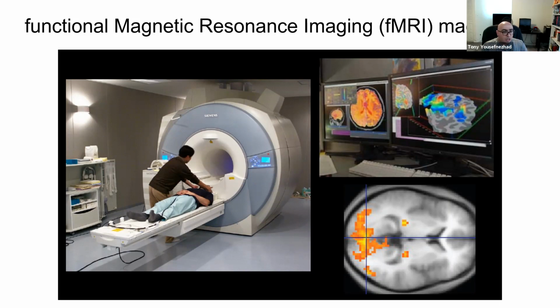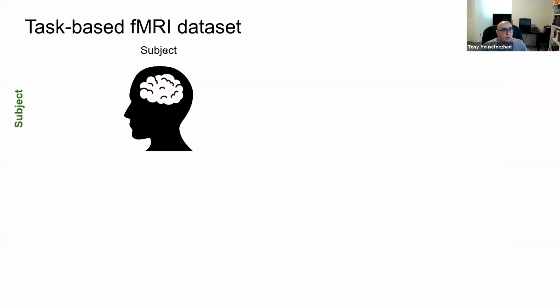And it's high dimensional. We have several challenges in collecting the data, but studies over the last decade show that it provides a very reliable way to collect functional activity when subjects are doing a task. So what is a task, and how can we collect the data? Just imagine a single subject.